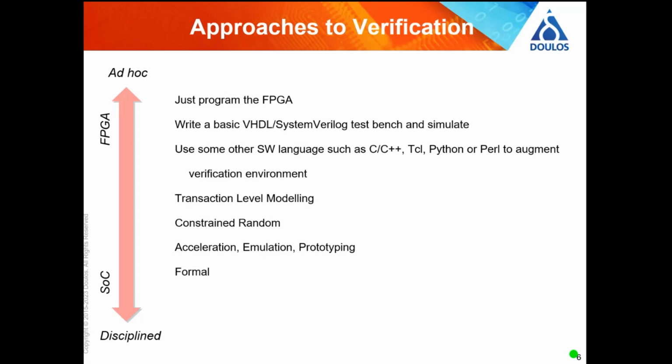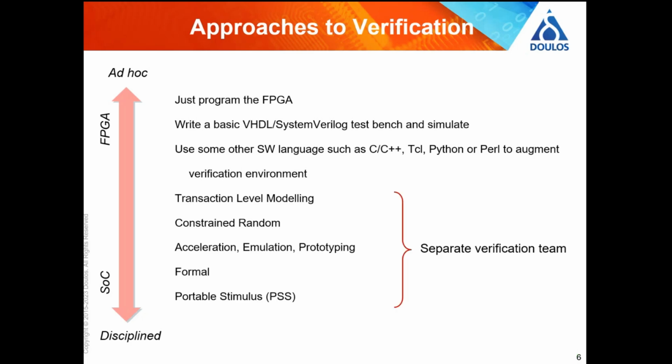So, a more concrete example: if there's a request, then there should be a grant within 10 clock cycles, mathematically proving that that always happens, that there's no circumstance where that would never happen. As you can imagine, if you've ever dipped your toe in the water, it's really, really powerful technology.